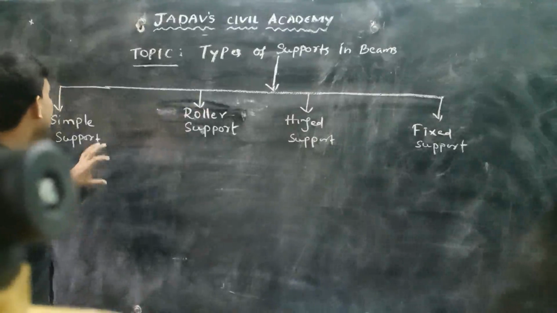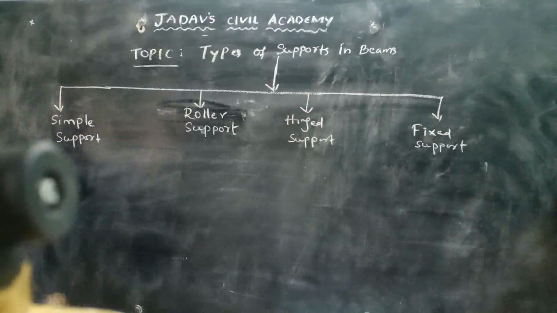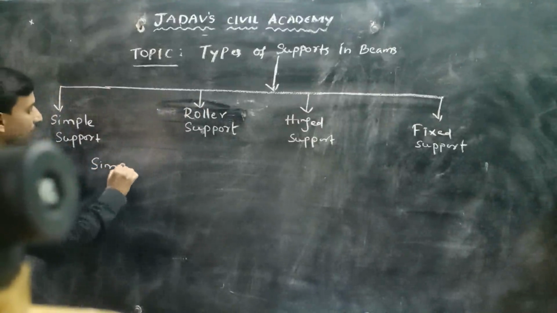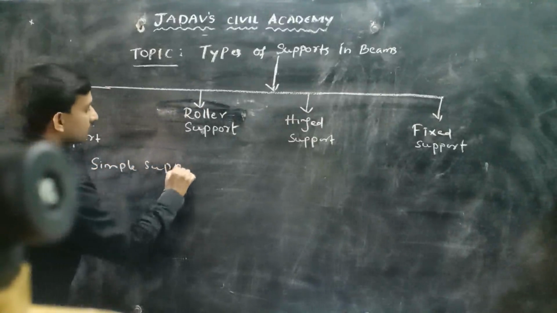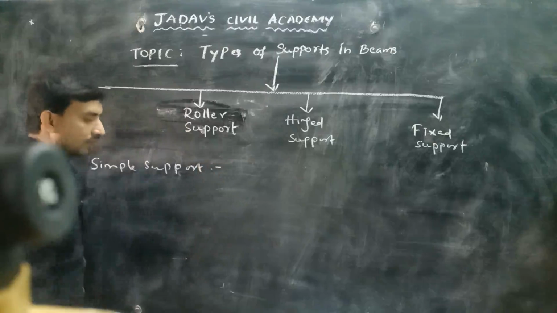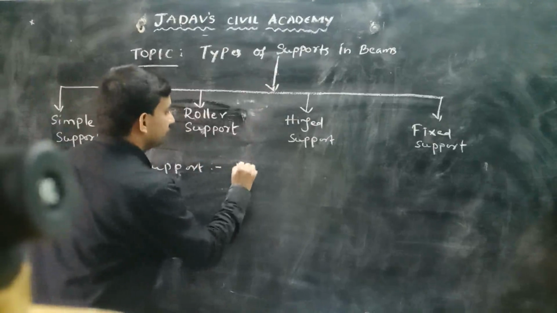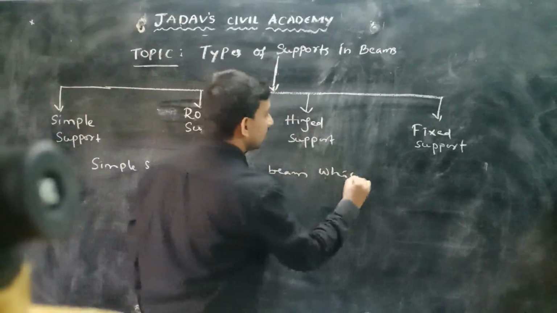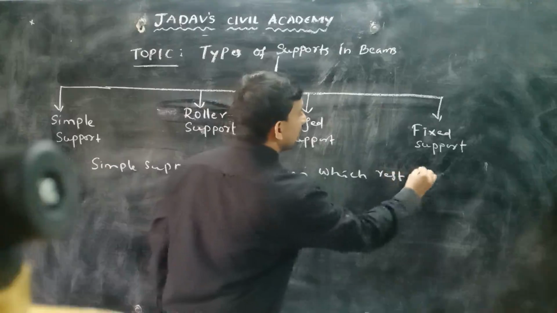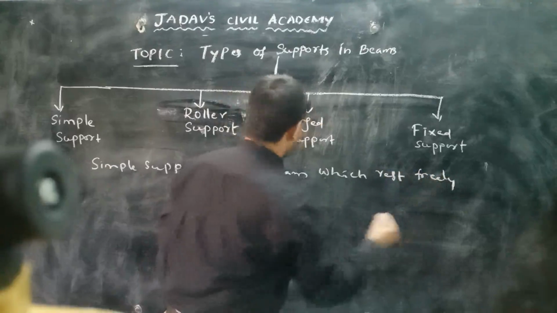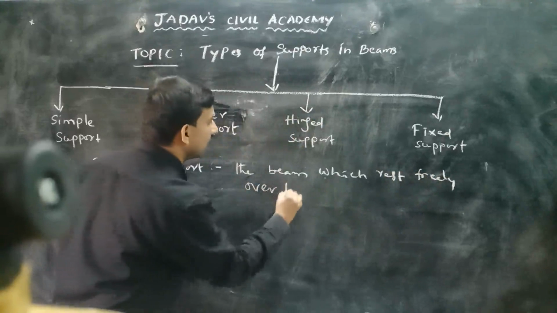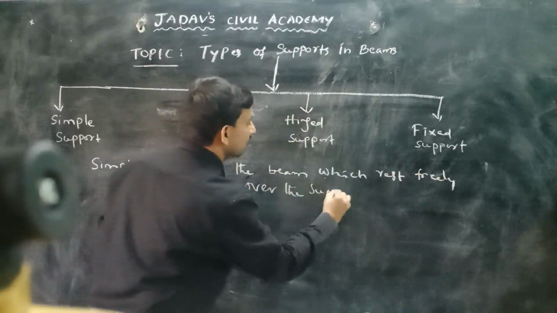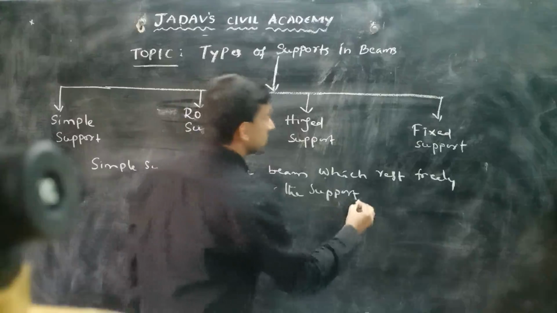So let me explain first what the simple support is. A simple support is nothing but that on which the beam can rest freely. That support is called a simple support.